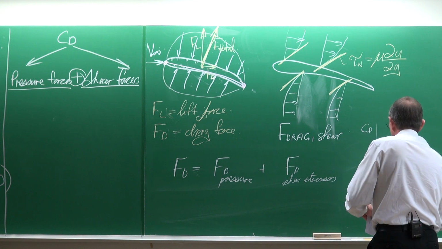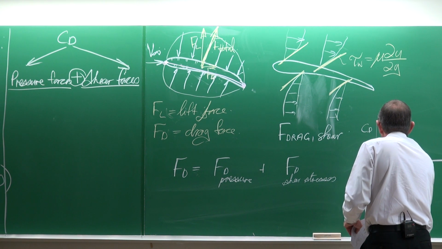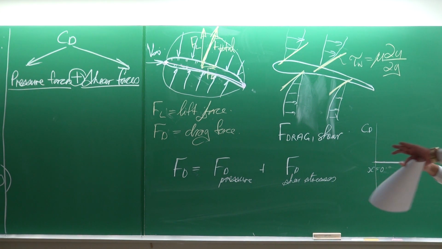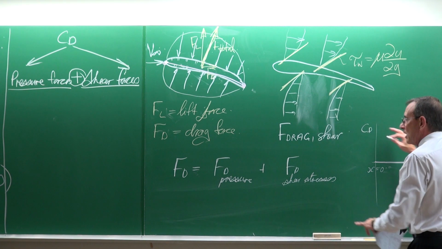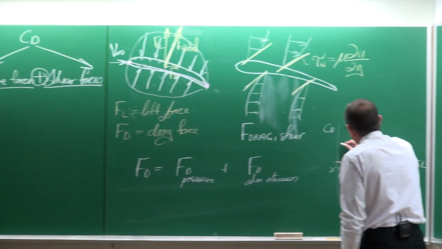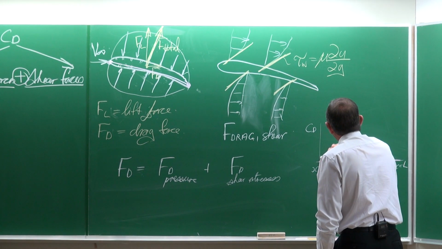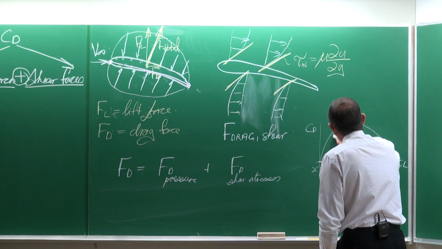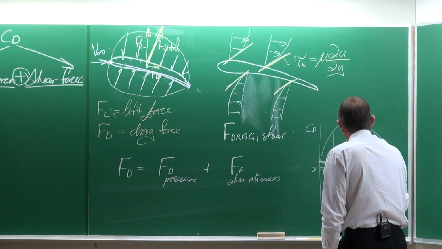So that would be where x is equal to 0, and that is where x is equal to L, the total length of the aerofoil. And if we go and put everything together, we can develop a graph, something like that, that would now show all these forces.